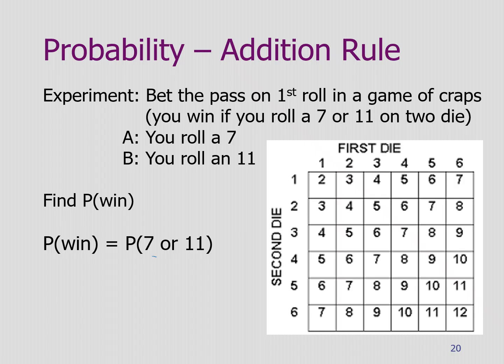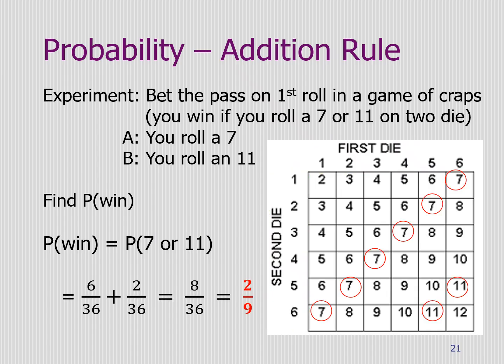Okay, so the probability of a 7 or an 11. This is the A and this is the B. Well, there are different ways that could happen, so you have to count all the different ways of rolling a 7. The first die could be a 1 through a 6, and the second die can be a 1 through a 6.